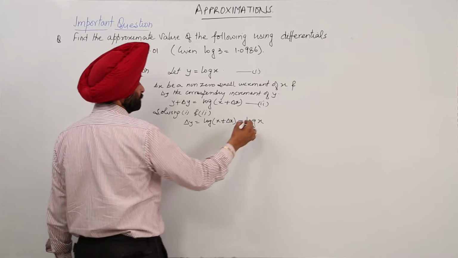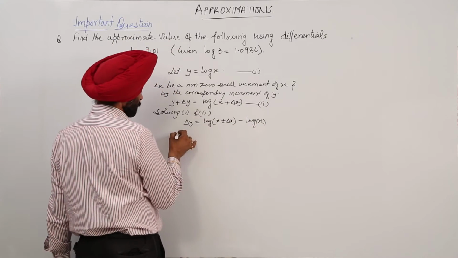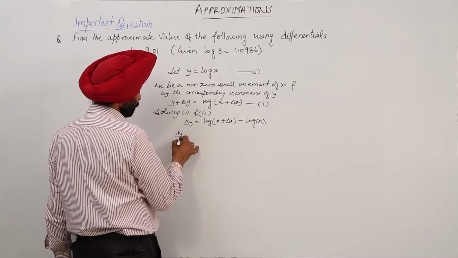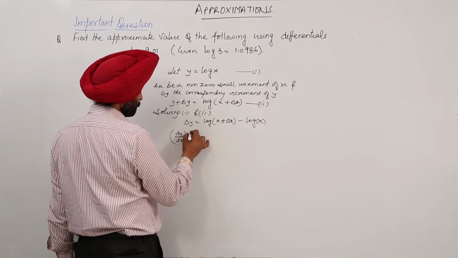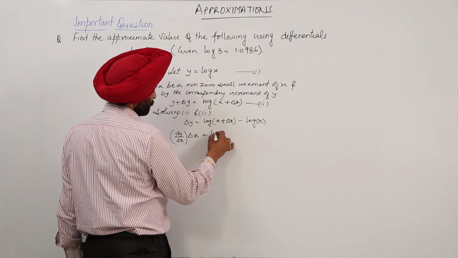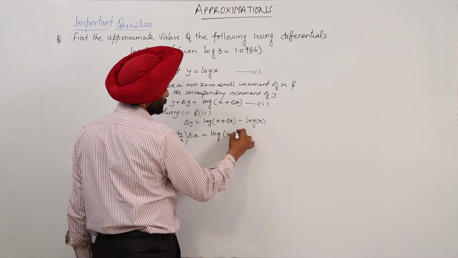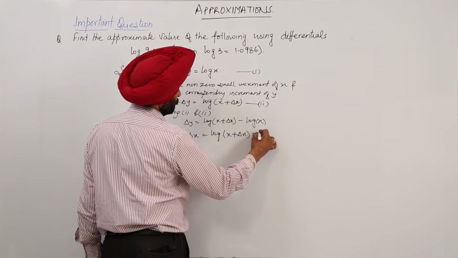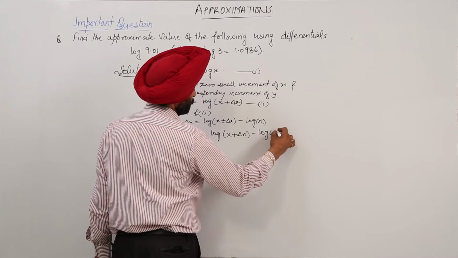And now dy by dx with delta x is equal to log x plus delta x minus log x.